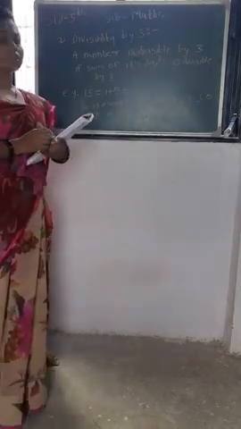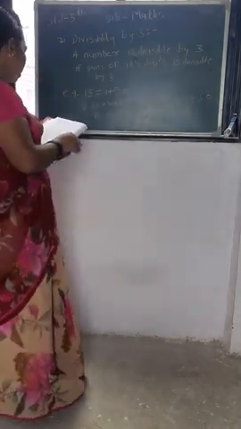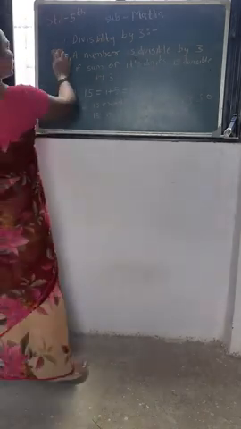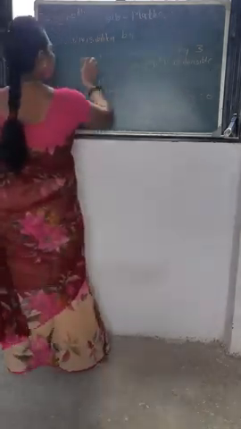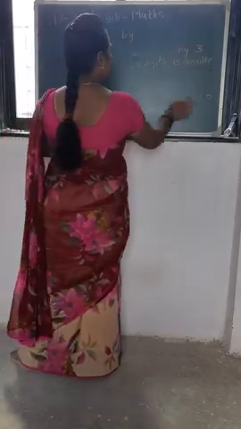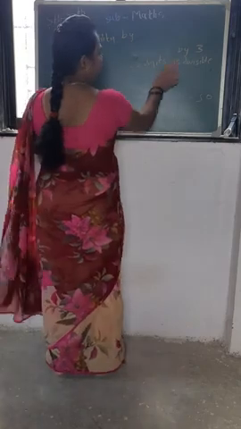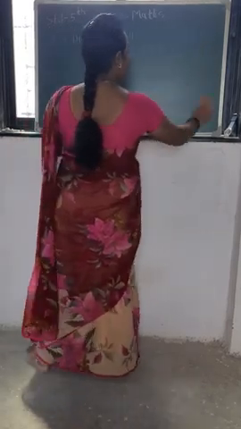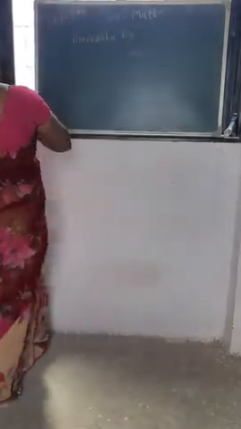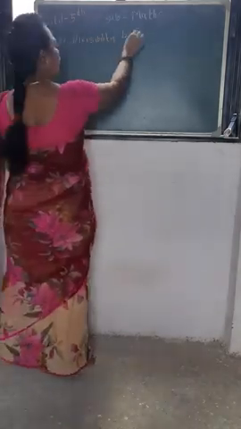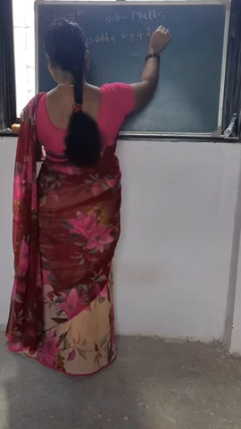This is rule second. Then rule third is divisibility by 4.